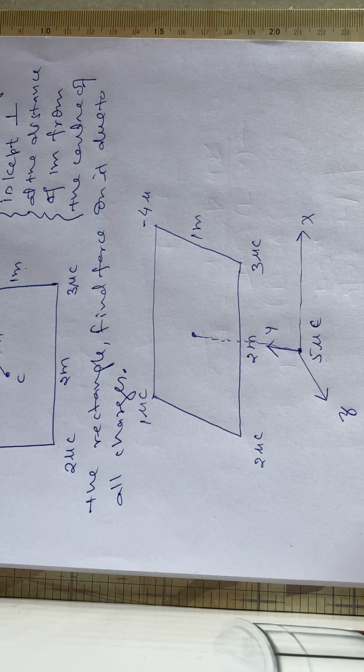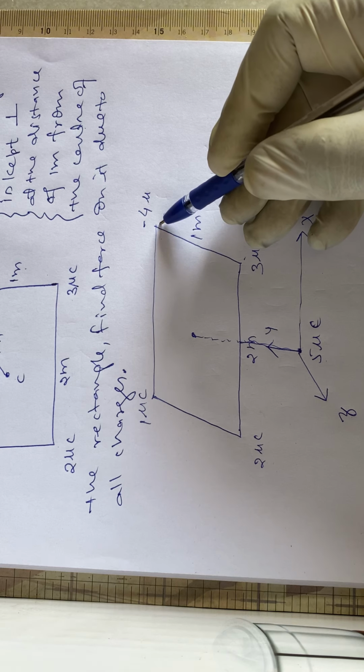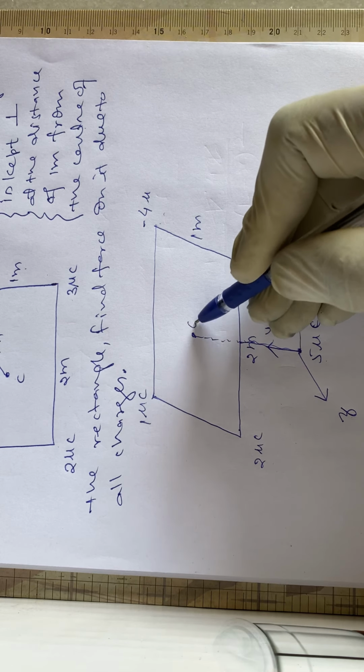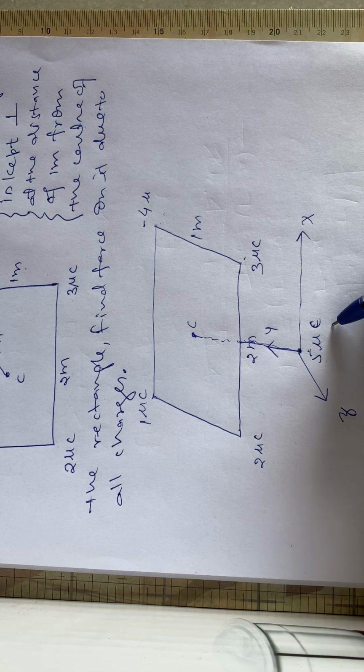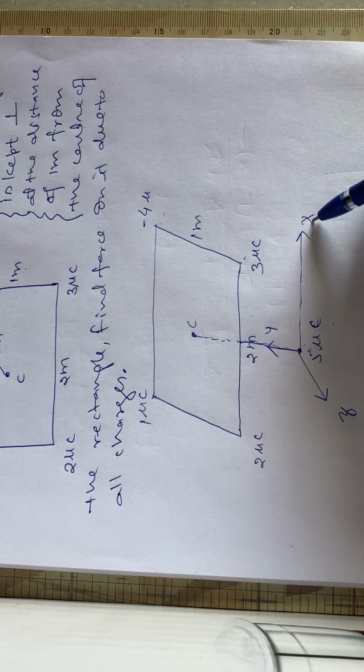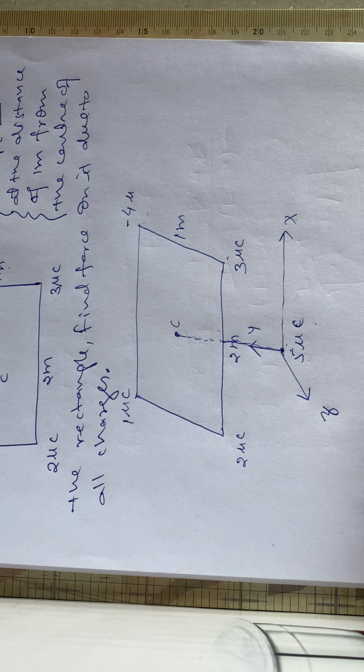Now imagine this is a 2 meter by 1 meter rectangle, and from the center of this rectangle, perpendicularly downward, there is a charge of 5 microcoulomb. Now let's try to write the coordinates of all these charges.